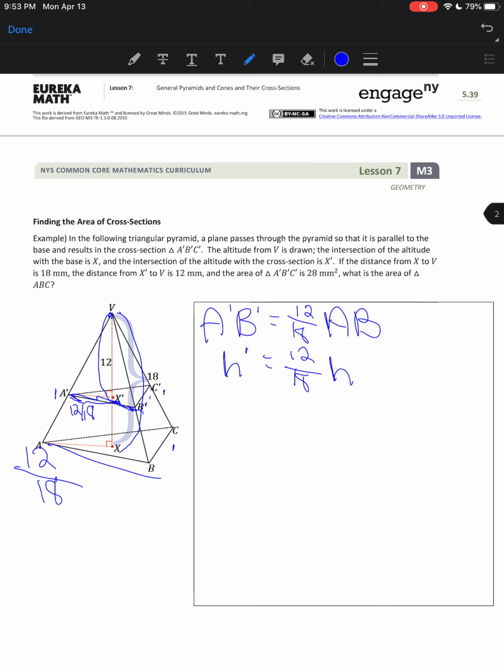So let's think about how this will help us here. If you remember, let's look at the area of the bottom triangle. That would be area equals 1/2 base times height, right? And the area of the top triangle, we could say A prime is equal to 1/2 base prime times height prime.